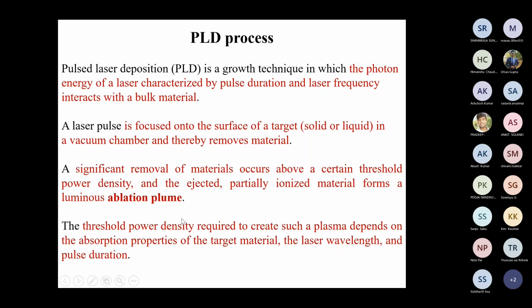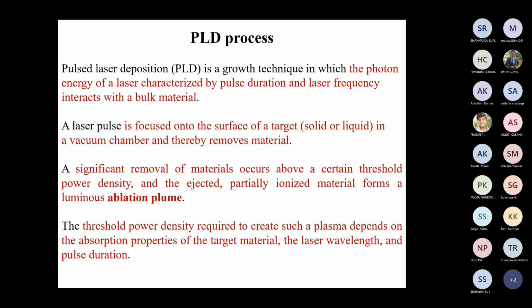The threshold power density required to create such a plasma depends on the absorption properties of the target material, the wavelength and the pulse duration. So absorption of the target material is also very important, like in the case of a semiconductor or dielectric. Then only interaction will happen.